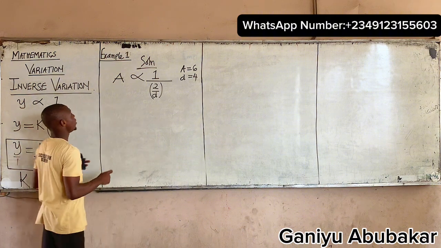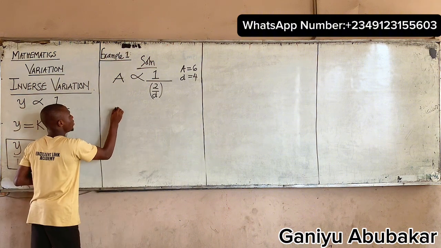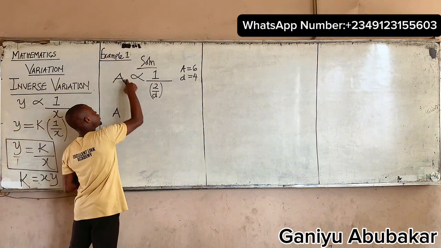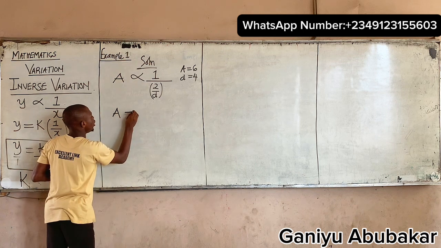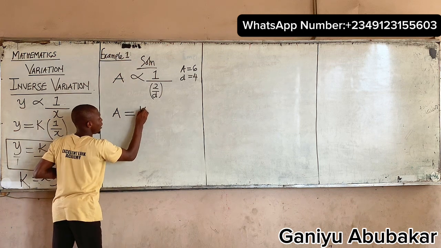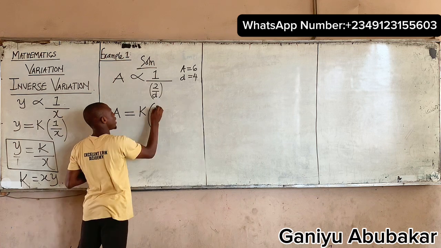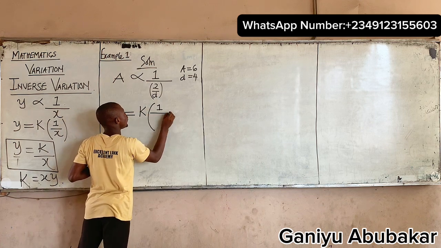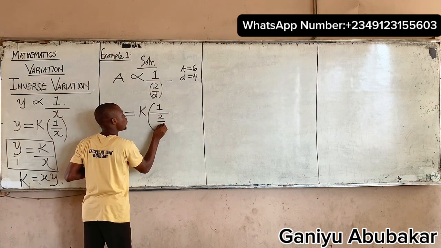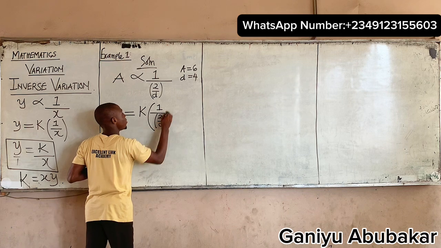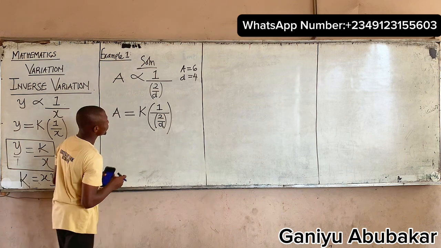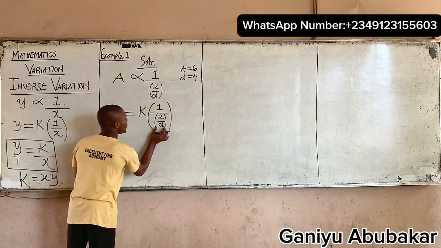So from here, this becomes A. To change the symbol, introduce equal to and a constant k. So I have 1 all over 2 over d in this form. By the way, this is a round bracket.